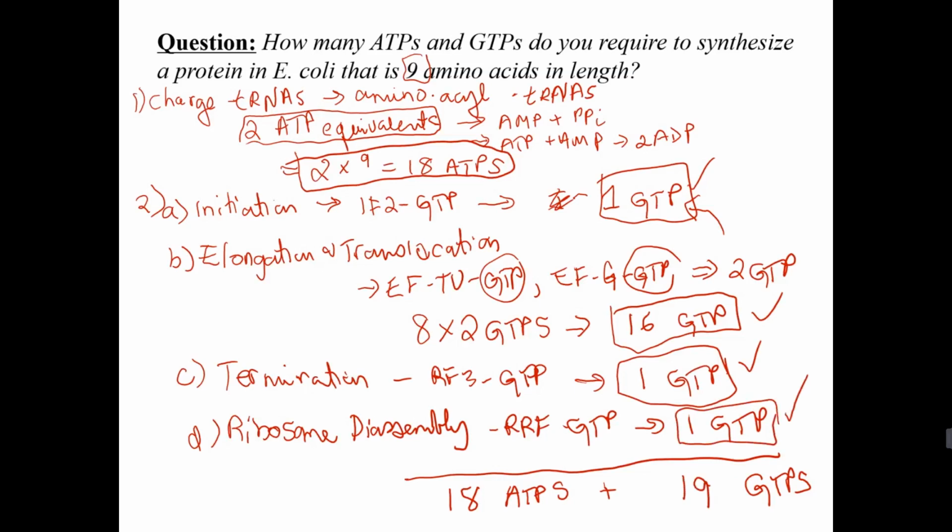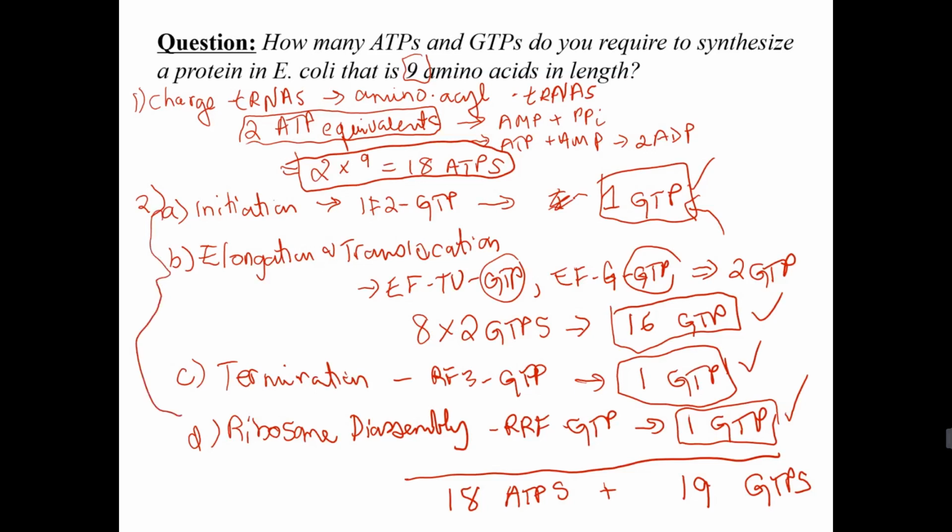Okay, so try to work through that process. If you have any questions about it, go back and review how we charge the tRNAs, how many ATPs you need, and all the protein factors that require GTP during protein synthesis, while breaking down the stages.